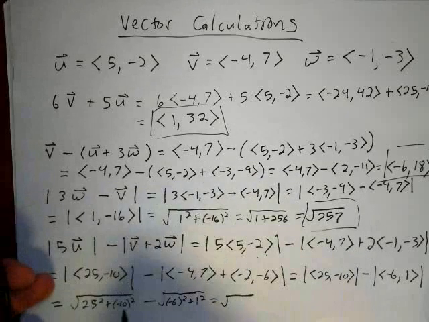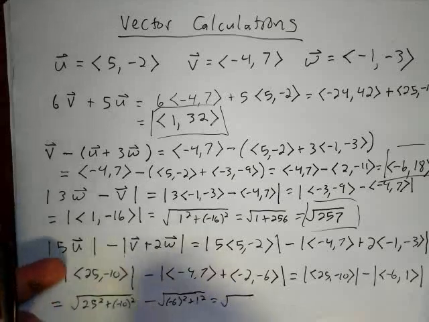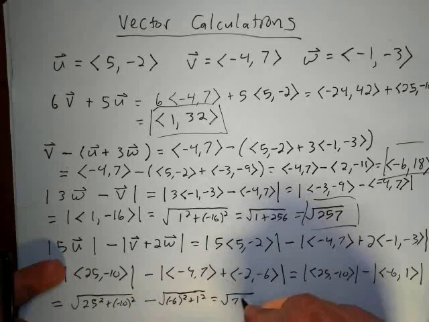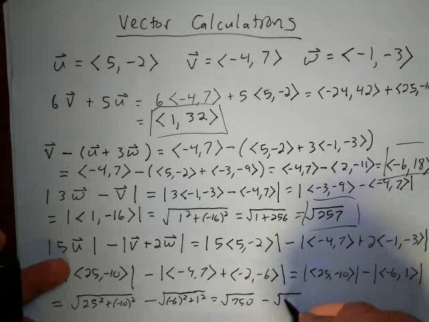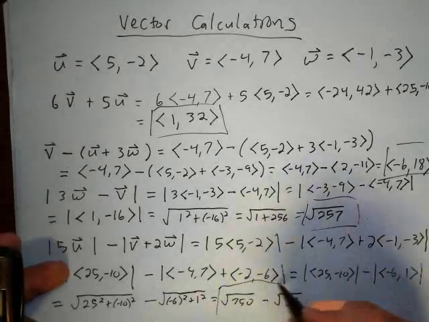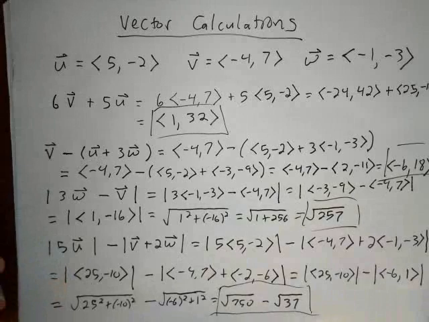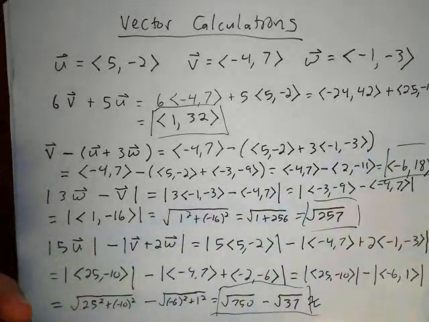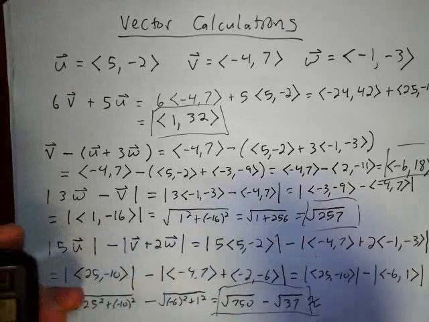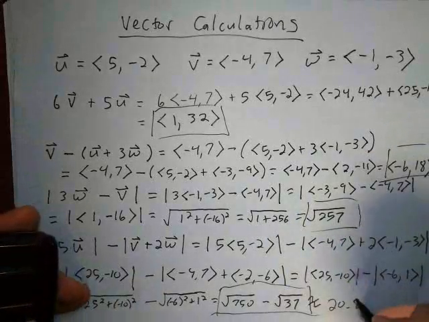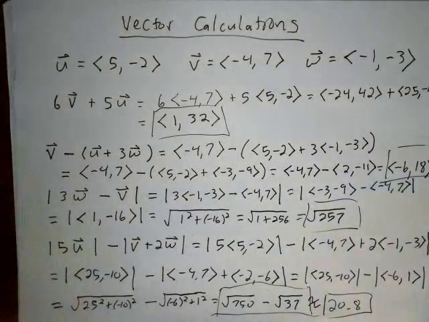So this is the square root of 750, minus the square root of 37. This is the exact value. If you wanted a decimal approximation, you could find the square roots and subtract them, and it's approximately 20.8. But it's the difference of two scalars, and you get a scalar at the end.